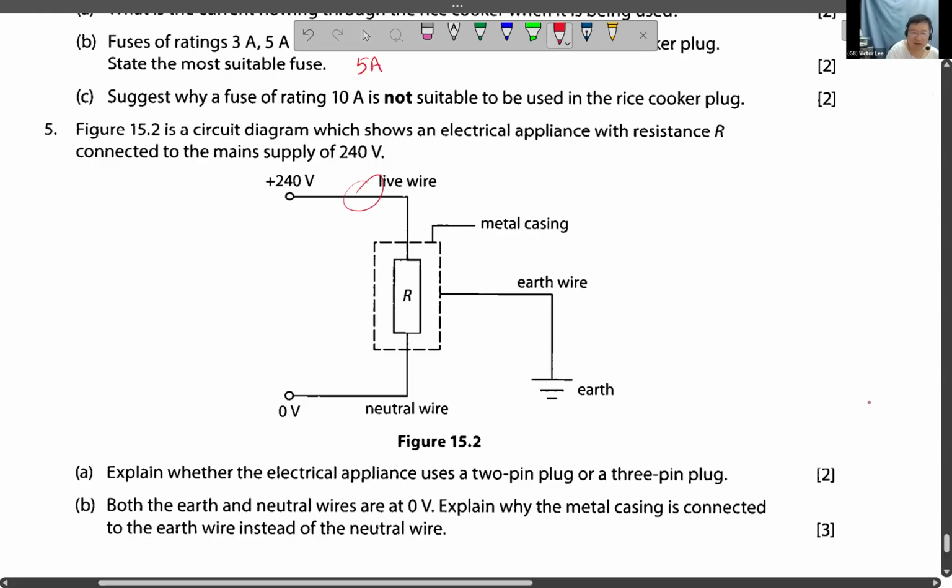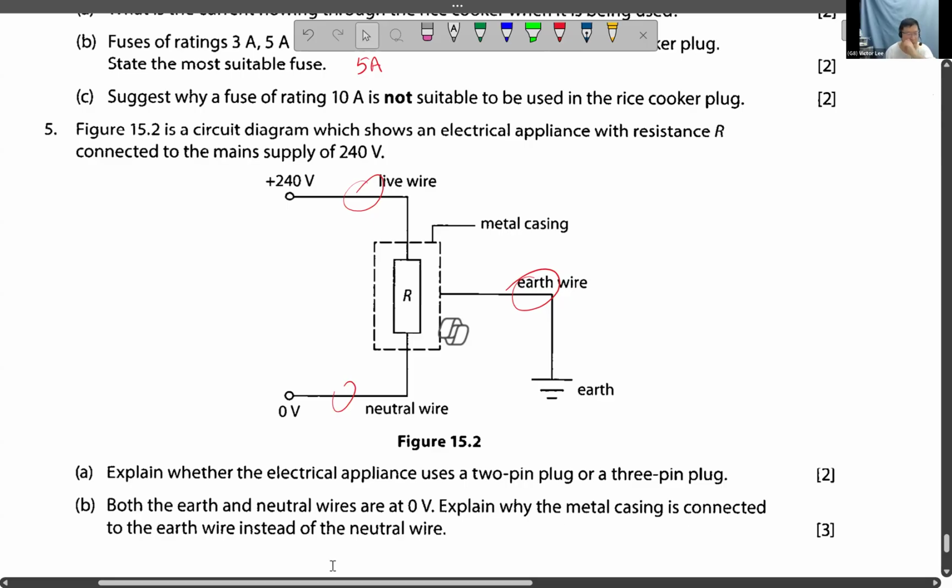These are the wires that come out from the equipment. 3 pin, of course, because there's an earth wire coming out, it must be 3 pin. There's a wire that connects to the casing, so you need the 3 pin. The third pin on top is for connection to the earth wire, which comes out from the casing. So both earth and neutral are at 0.